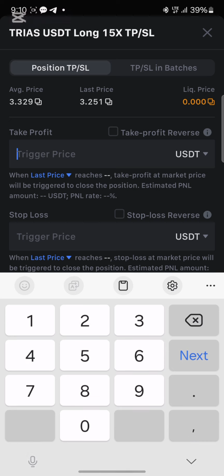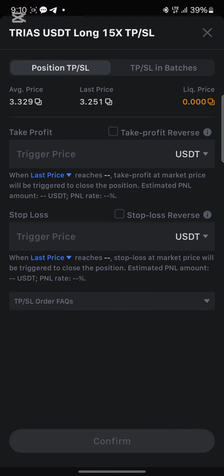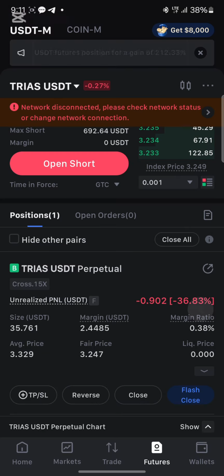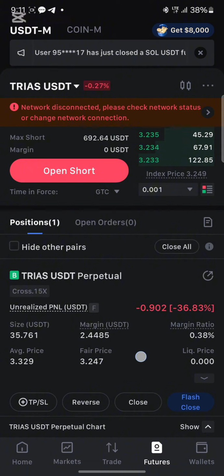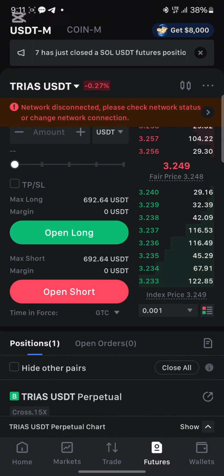This is your take profit and this is your stop loss. So you set them if you want to. It is very necessary to do so. So that is that for that, guys.